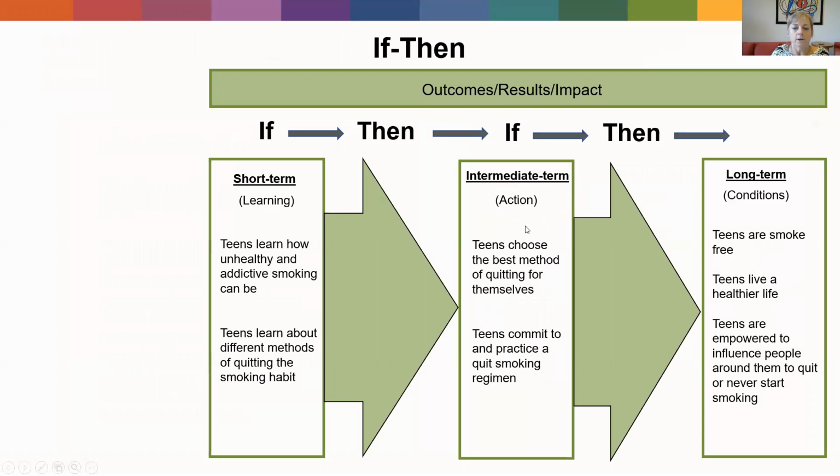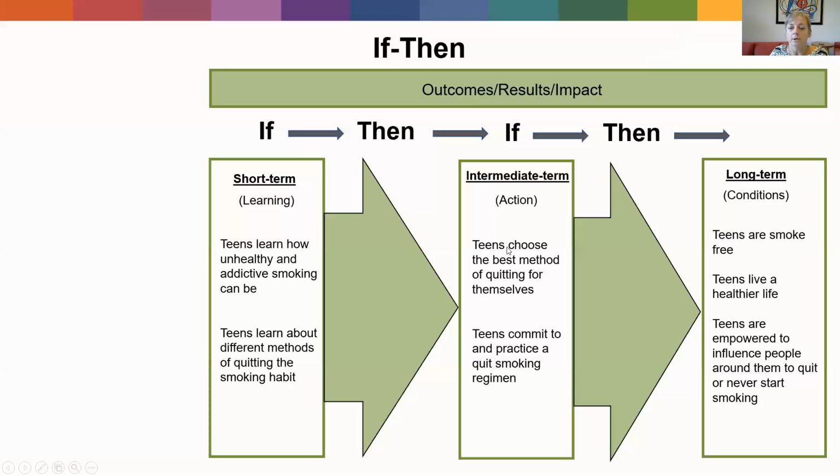So again, I'm using the teen smoking example to show the if-then relationship, the classic logic language between the outcomes. So if we can accomplish these short-term learnings, if teens learn how unhealthy and addictive smoking can be, and if they learn about different methods of quitting the smoking habit, then we can move toward the actions.